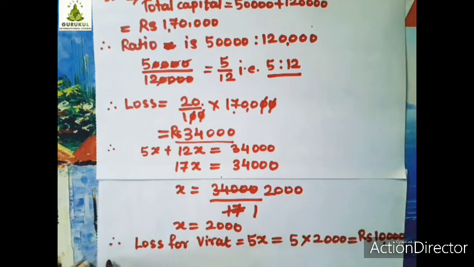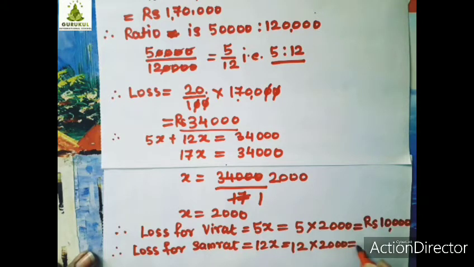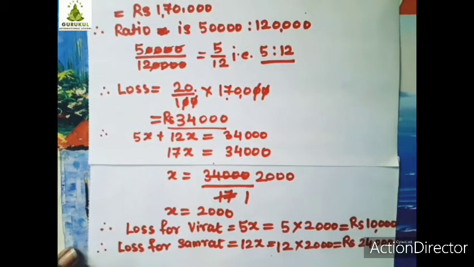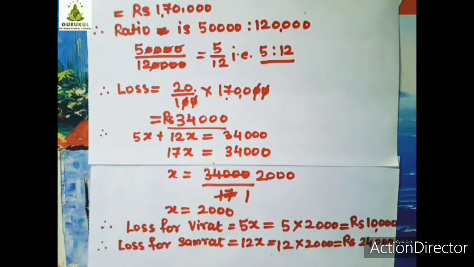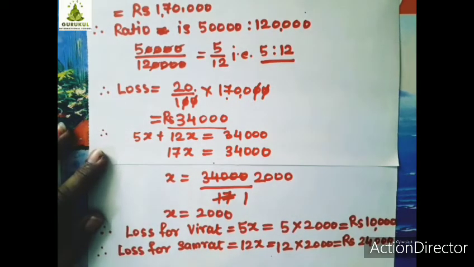And loss for Samrat is 12x. So 12 multiplied by 2000, 12 twos are 24, that is rupees 24,000. So this is how we have to solve the sum. In this one I have avoided writing extra statements.